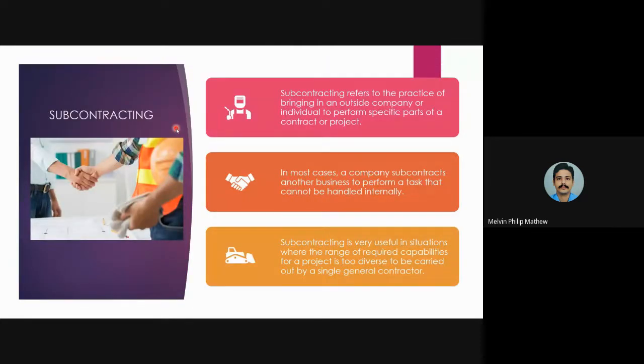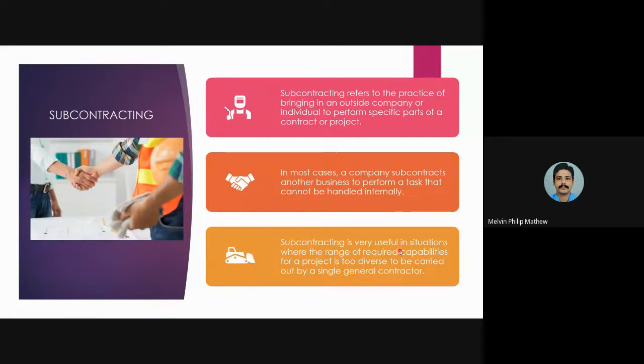Now, in most cases, a company subcontracts other businesses to perform a task that cannot be handled internally. Some tasks are present where each and every equipment cannot be bought, or sufficient equipment is not there to produce the component of the product, and in those cases we use subcontracting.